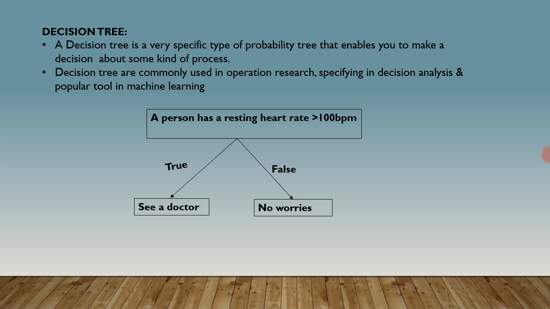If it is false, then that person is doing okay. In general, a decision tree asks a question and then classifies the person based on the answer. A decision tree is based on yes or no questions, but it is not as easy to build a tree from numeric data.